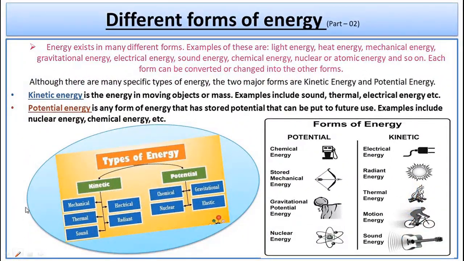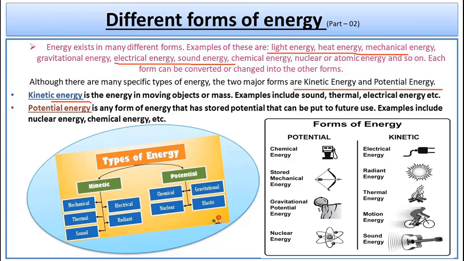As we just discussed, there are so many different forms of energy because energy has a tendency to be transferred from one form to another form. Therefore, we have light energy, heat energy, electrical energy, sound energy, chemical energy, and many more. But when we classify or specifically study the kinds of energy, we come to know about kinetic and potential energy.